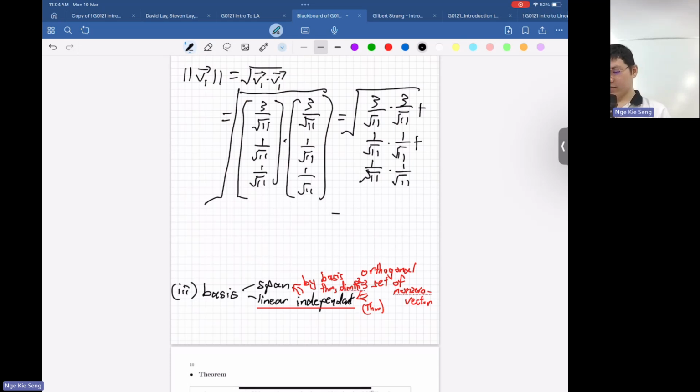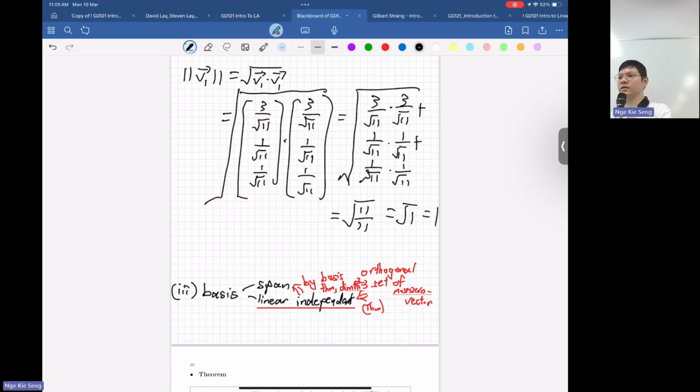You should hope that your numerator equals your denominator. What is your denominator? It is 11. So you need to hope that your numerator adds to 11. So 9 plus 1 plus 1 is 11. Okay, so you have square root 11 over 11, which is 1.